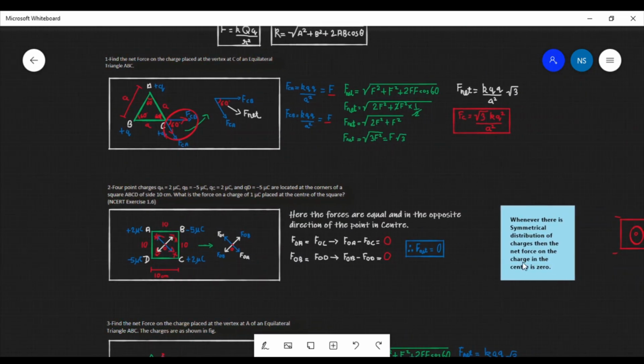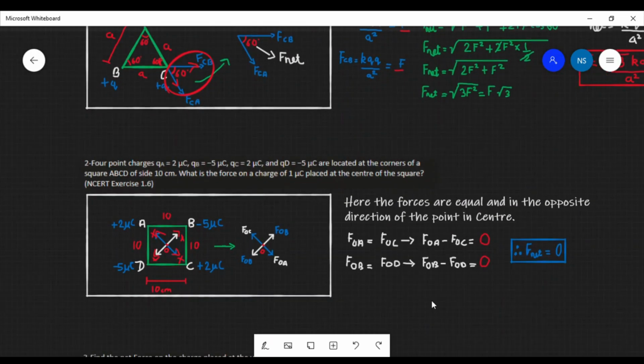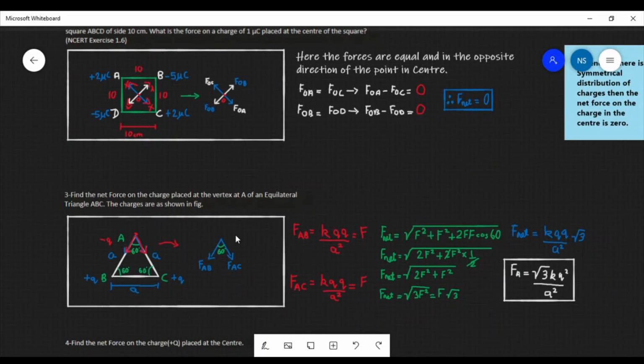Also we saw that whenever there is symmetrical distribution of charge, like we saw in the second question, which is also from the NCERT exercise 1.6, if there is a symmetrical distribution of charge, then the net force on that charge which is at the center will be equal to 0. Also we saw that if the charge is negative, then this negative will attract towards the positive one, so there is a change in direction.